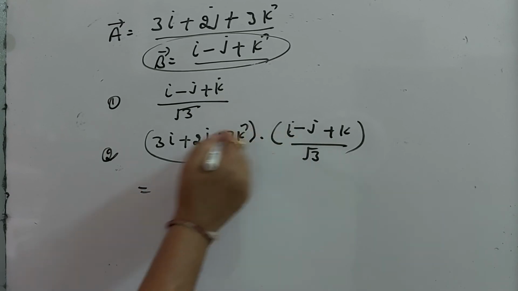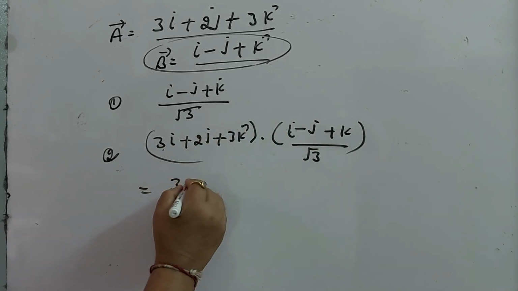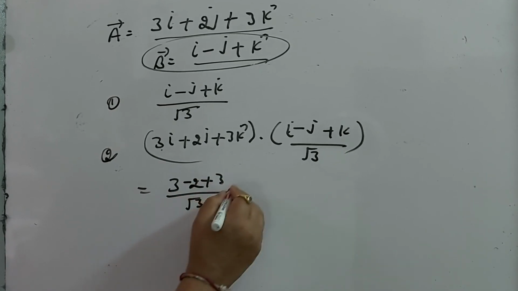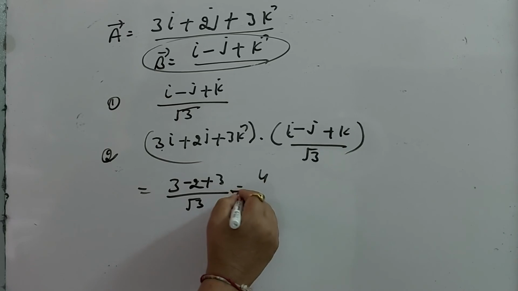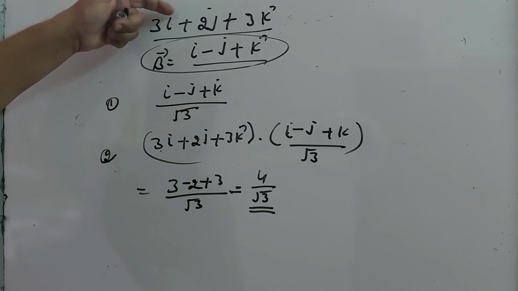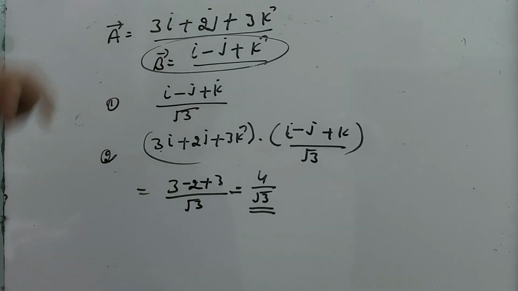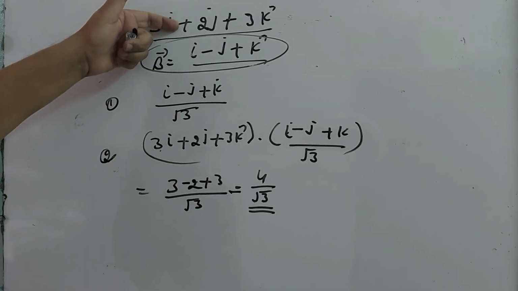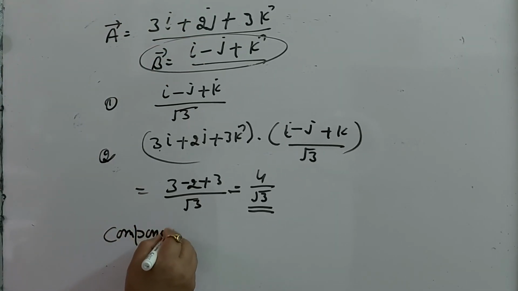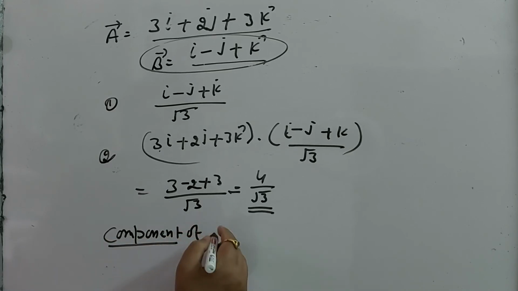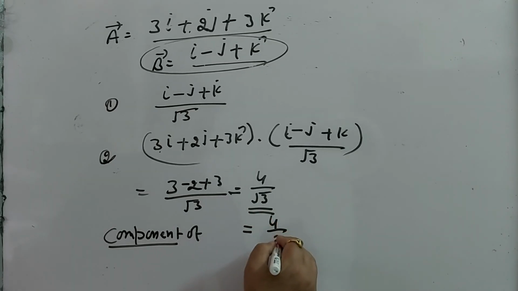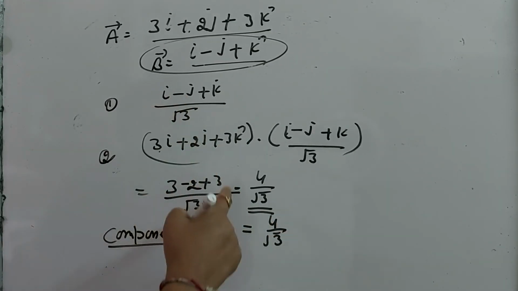Now we get 3, minus 2, and plus 3, and this is by root 3. So this will be 4 by root 3. Now this is the projection of this vector along this vector. Now if we are to find out the component of this along this, then in step number 3, the component of this vector along this will be equal to this magnitude 4 by root 3 into its direction.